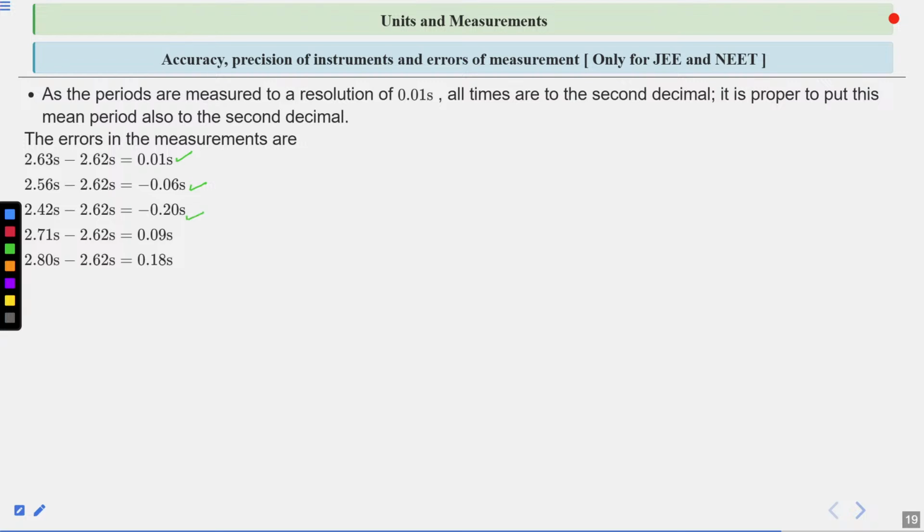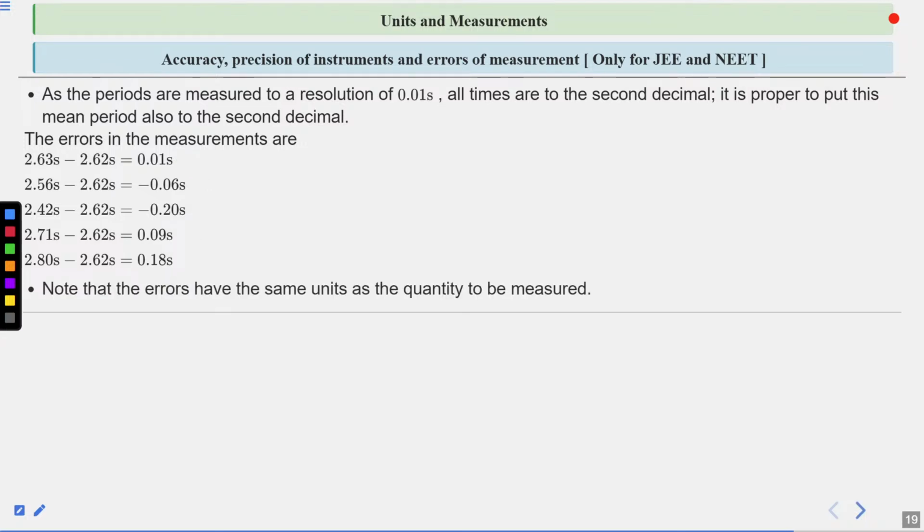And 2.71 seconds minus 2.62 seconds is equal to 0.09 second. And 2.80 seconds minus 2.62 seconds is equal to 0.18 second. The important point here is that errors have the same units as the quantity to be measured. Clear?